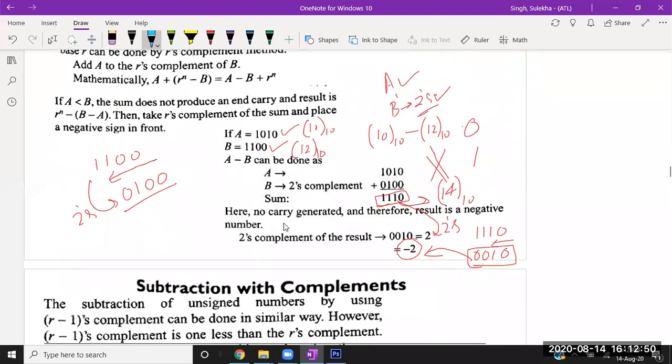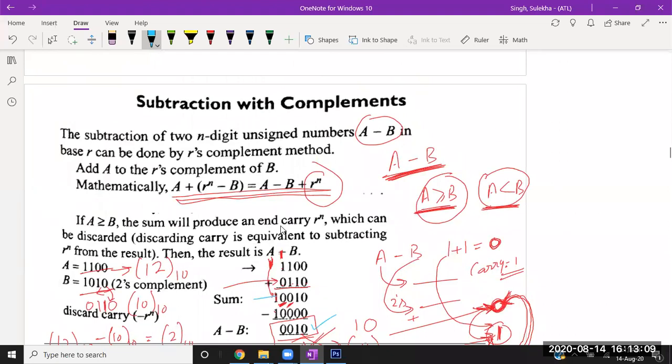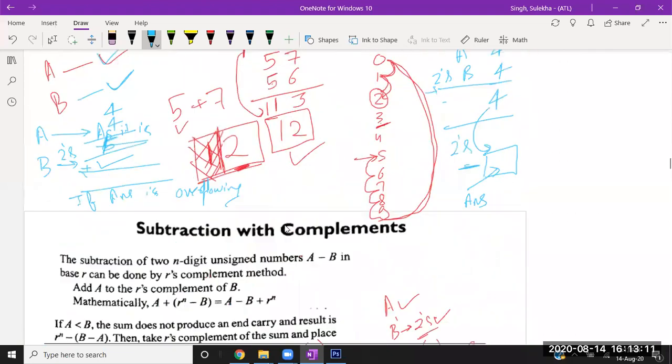In the second case, when there is no overflow, after taking the 2's complement and converting this into decimal, this number is there, but with a negative sign. So this method is purely the 2's complement method.